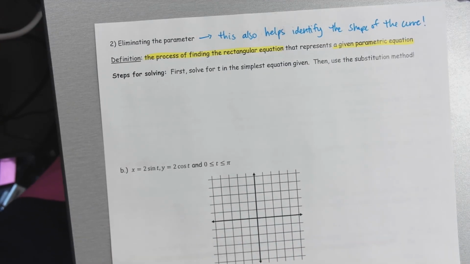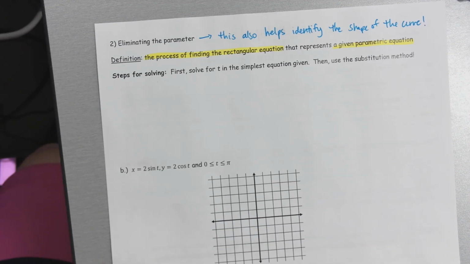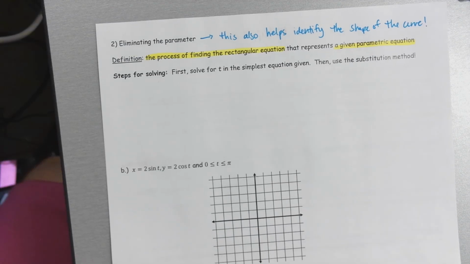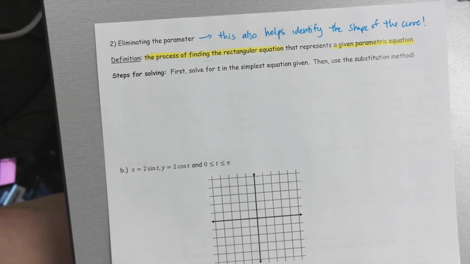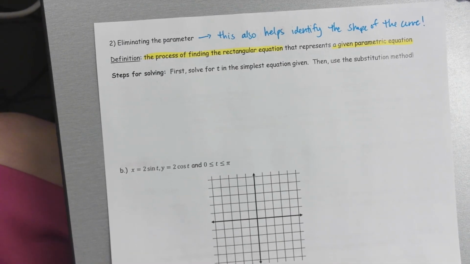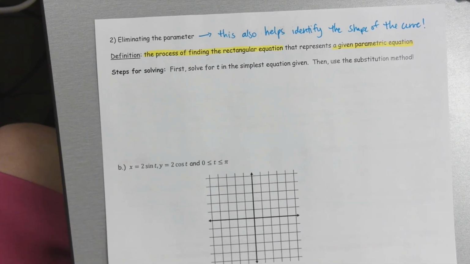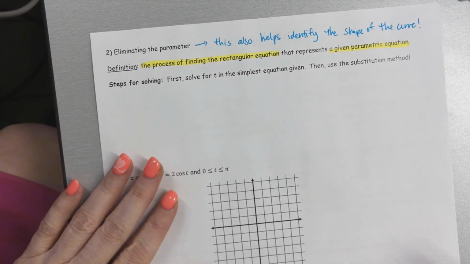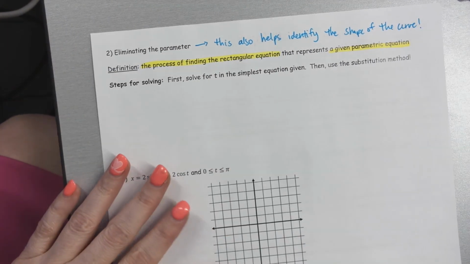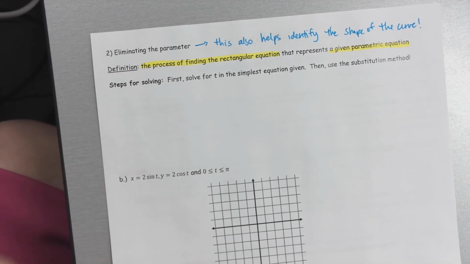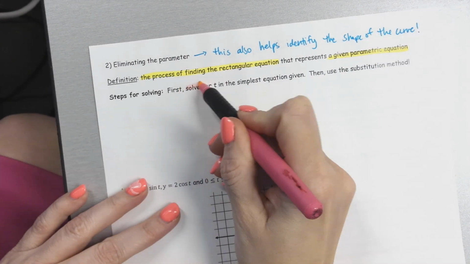Okay, so if you had a parabola opening upward, we know we'd have y equals x squared plus some value. Okay, and we're going to see a couple different types of shapes today. So the first thing we're going to do is just solve for t in the simplest equation given.